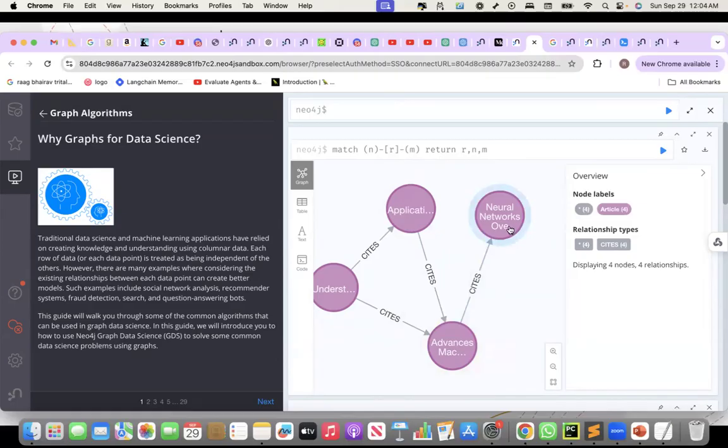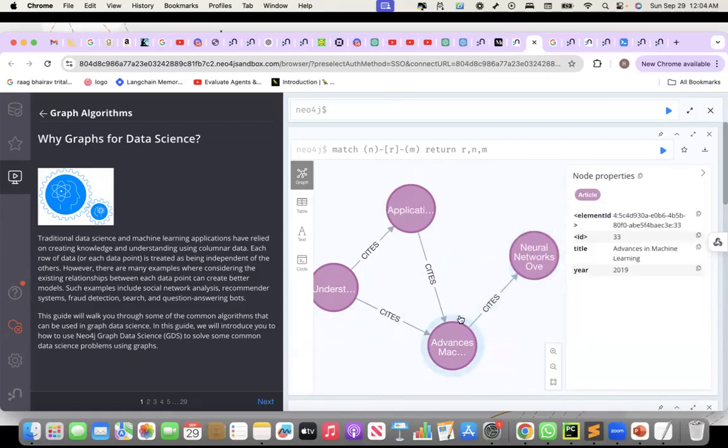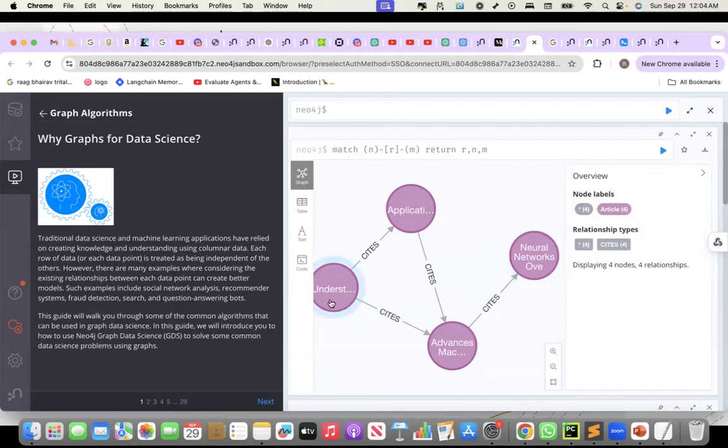Now this cites this, right? So if I see this two plus this, in article rank, this will have a higher rank compared to this one, because here there is no incoming.